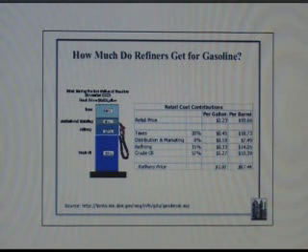Taxes form about 20% of that. Distribution about 8%. Refining is 15%. And the price of crude oil is 57%. So the refining cost is relatively small. So the refinery gets 16 cents.